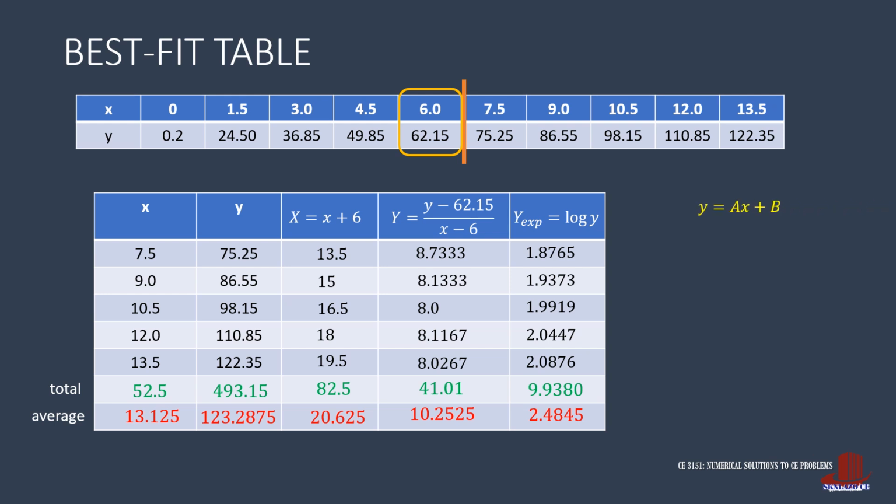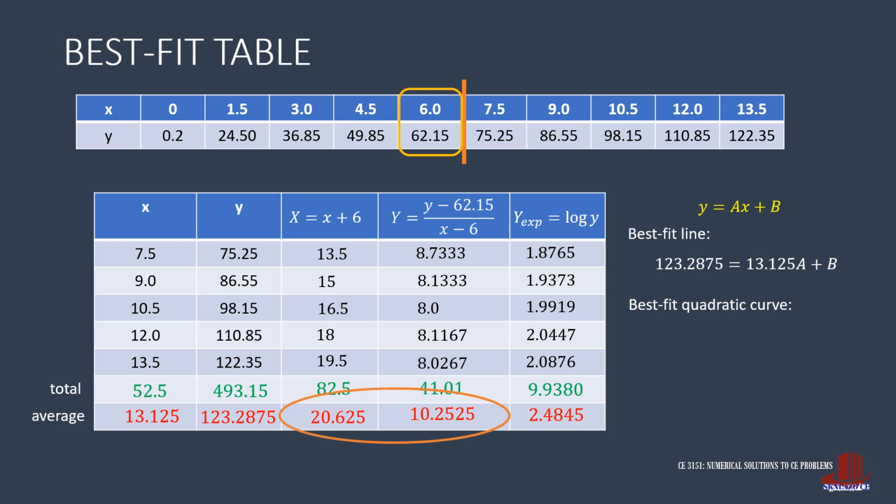Now let's extract out figures for the second equations of each function. For the best fit line, use x and y. So the function is 123.2875 as equal to 13.125a plus b. For the best fit quadratic curve, we use capital X and y.